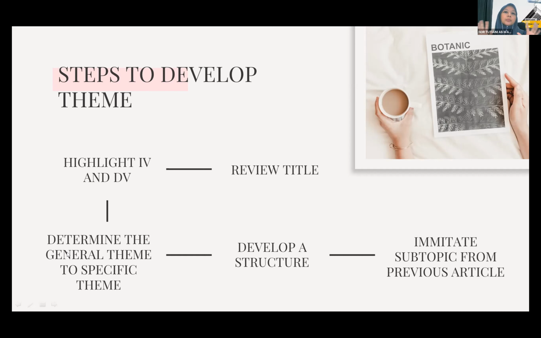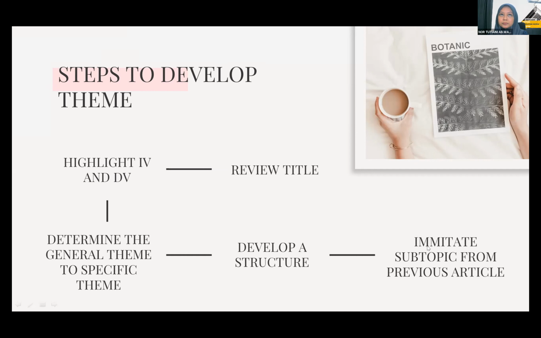Okay, kita ada dalam kita punya title tu dia mesti ada a general area. Let me show you an example later on, ya. Okay, so from those particular susunan, okay, kita akan develop the structure of our literature review. So perhaps you can open your literature review right now ataupun get a piece of paper and then write down your title. Okay, and then later on kita buat sama-sama how to highlight and then how to structurize the themes.